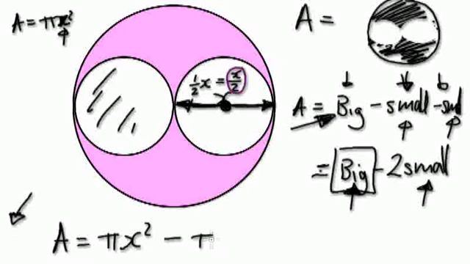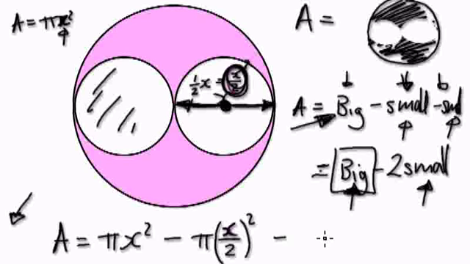So now pi r squared, which is pi times x over 2, and remember it exists in a bubble, because we've got to work out x over 2 first, and then we can square it. Then we've got to take away this circle here, because the center is here, and the radius is also x over 2.